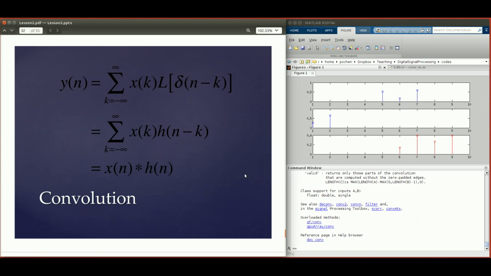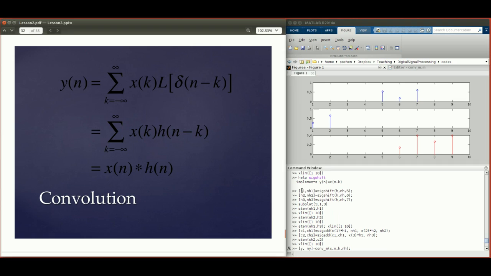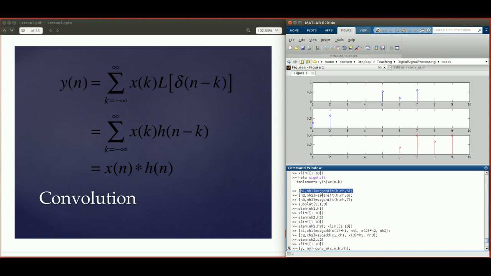So when we did the shift, h1[n] is the shift of h[n] by the amount of 5. h has a starting index of 1. Shifting it by positive 5 makes h1 have a starting index of 1 plus 5, that's 6.